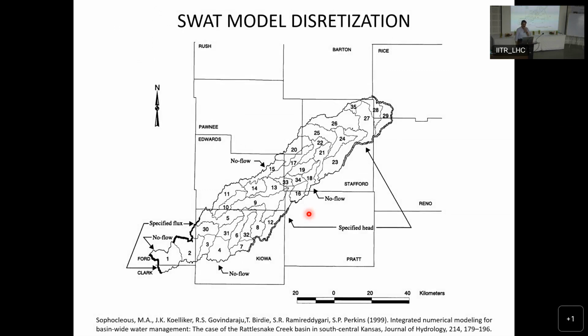What I'm showing in this figure is the spatial discretization of SWOT. So it has 35 sub-watersheds. Each of these is one sub-watershed, all the way to 35. So this is the surface water. Underneath it is the ModFlow grid, which is like a large rectangular grid, and that had about 50 kilometer by 50 kilometer grid size. And even then, we had something like 25 or 30 grid cells in this direction, and maybe about 200 grid cells in the other direction.